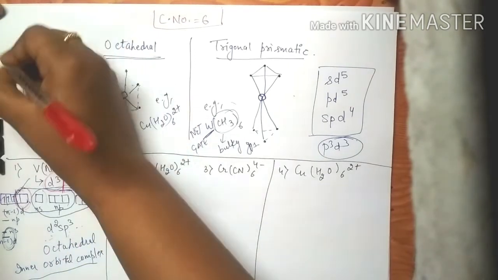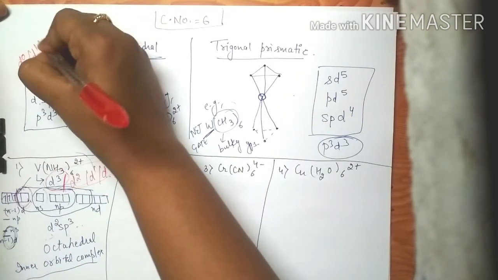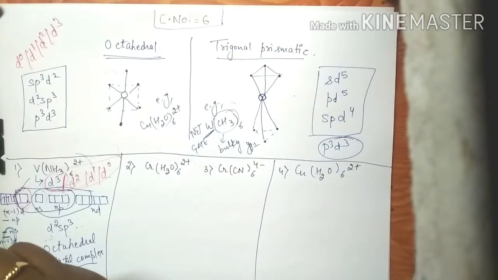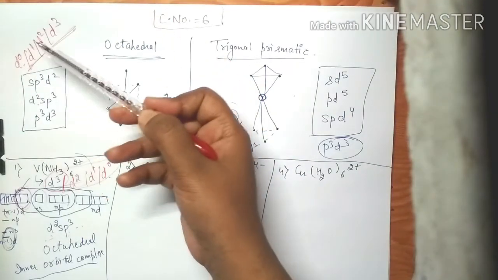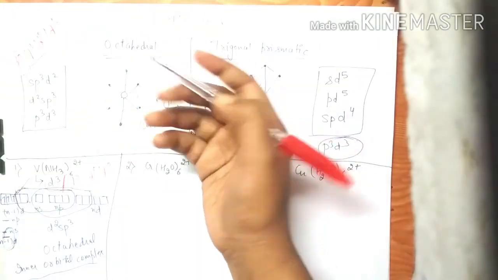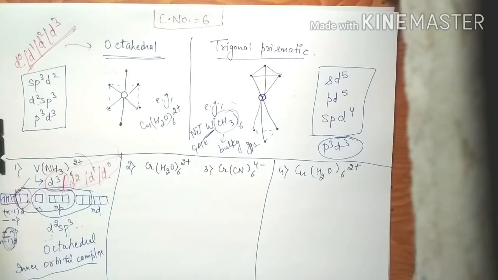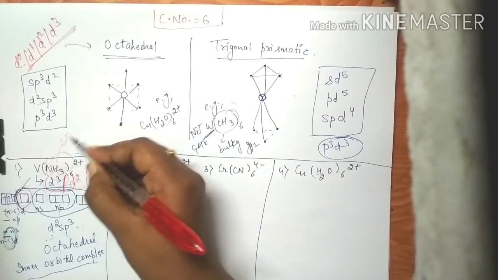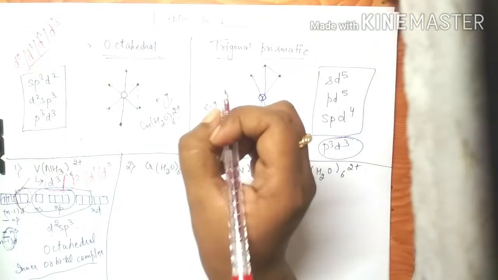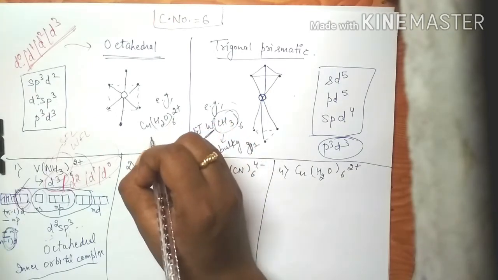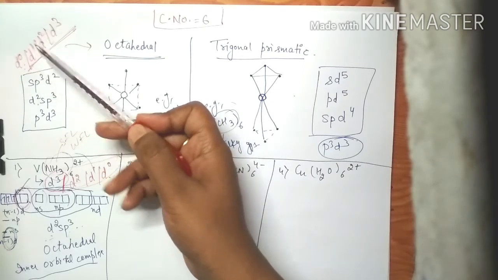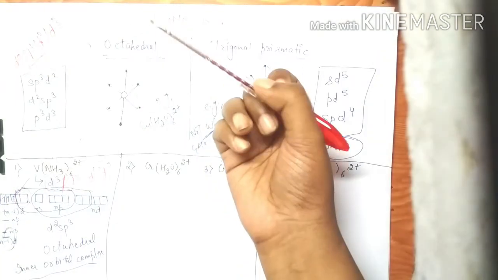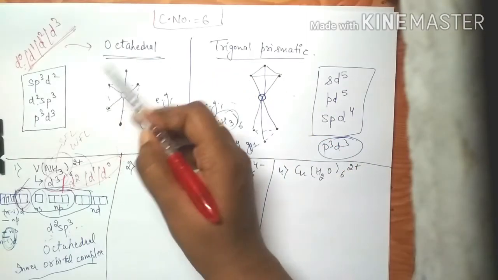So in all cases where metals have d0, d1, d2, and d3 electronic configurations, they are going to have octahedral geometries. No matter the type of ligand, whether strong field or weak field, we don't have to look at the property of the ligand. We just have to see that if the central metal ion has d0, d1, d2, or d3 configuration, then the complex is definitely going to be octahedral.